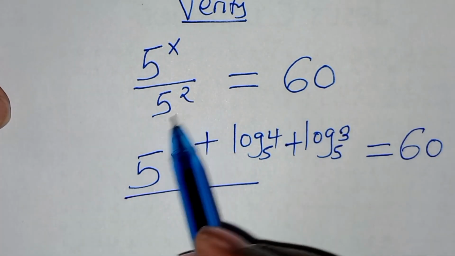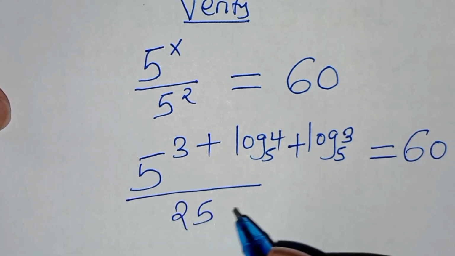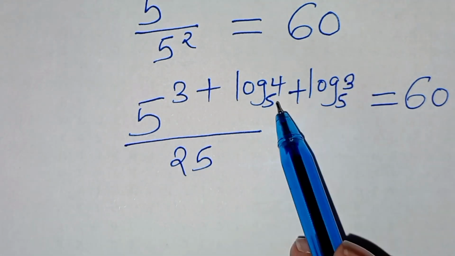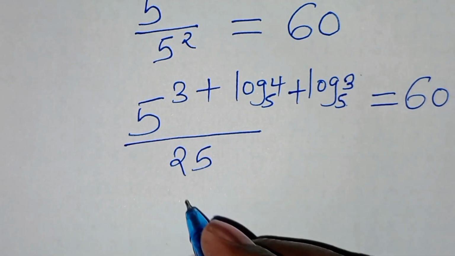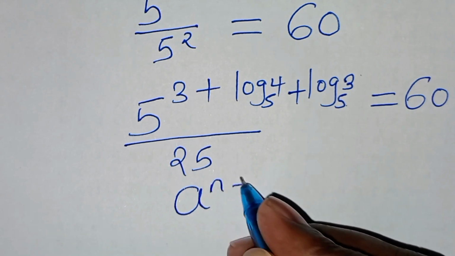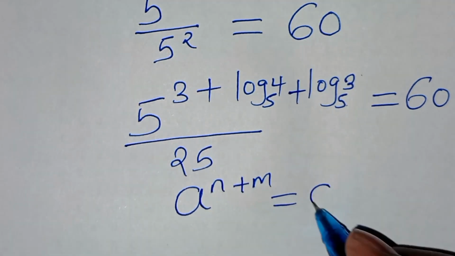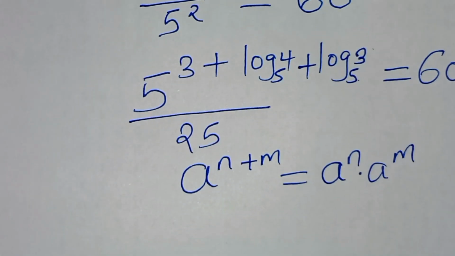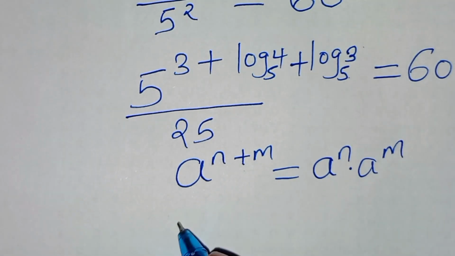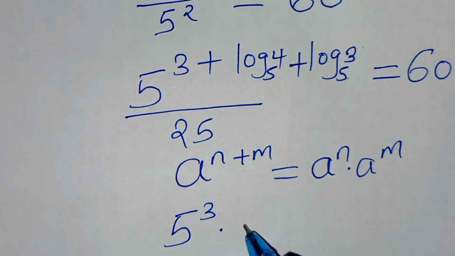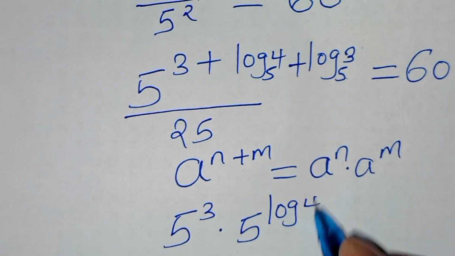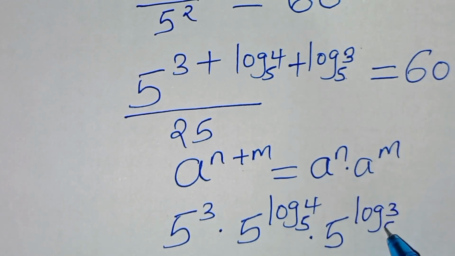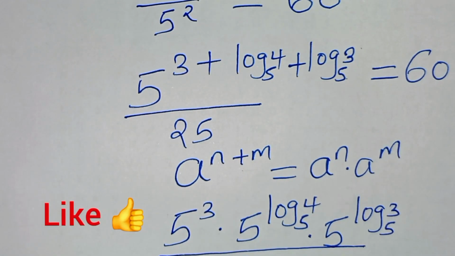This is divided by 5 squared, which is 25. Now, 5 to the power 3 plus log 4 to base 5 plus log 3 to base 5 is in the form of a to the power n plus m, which you can express as a to the power n times a to the power m. Applying this exponent property, we'll have 5 to the power 3 times 5 to the power log 4 to base 5 times 5 to the power log 3 to base 5, divided by 25.